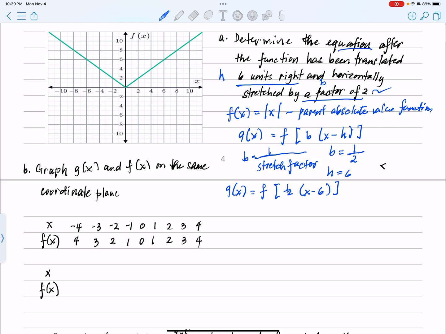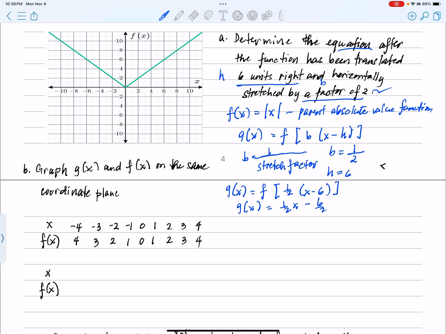So how are we going to simplify this? We still can simplify. g of x can be multiplying 1/2 x minus 1/2 of 6, which is 6/2.